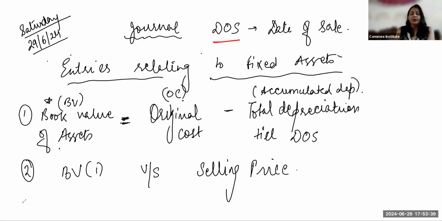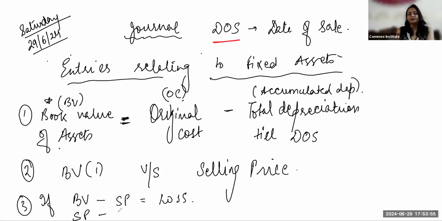So number 3, if my book value is greater than my selling price, then it is a loss. Okay, book value minus selling price will give you what? Loss. And if your selling price is higher than your book value, then it will be gain.